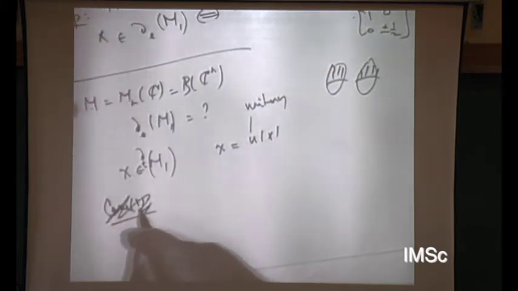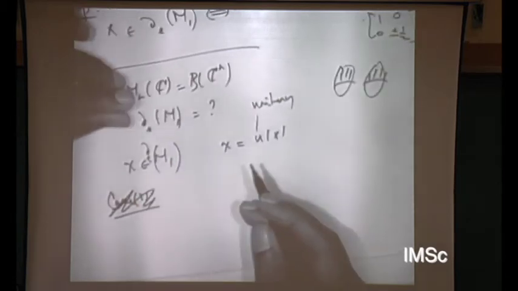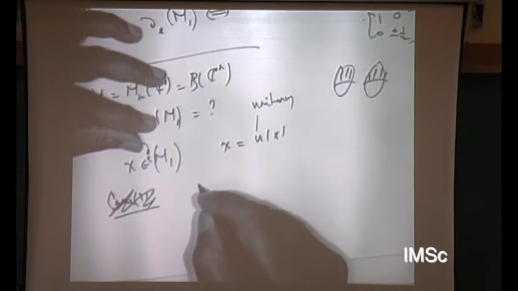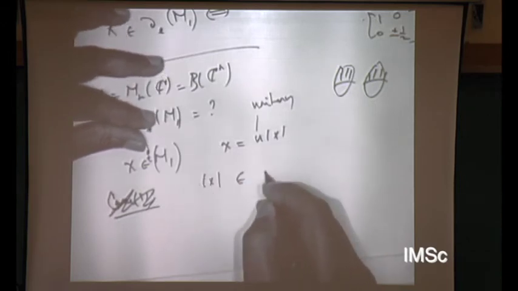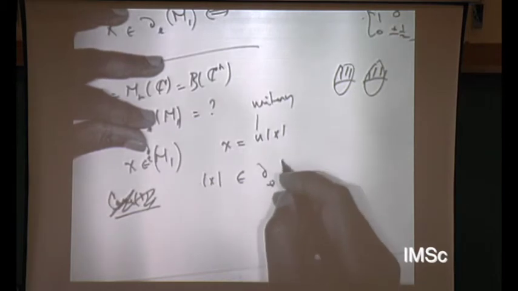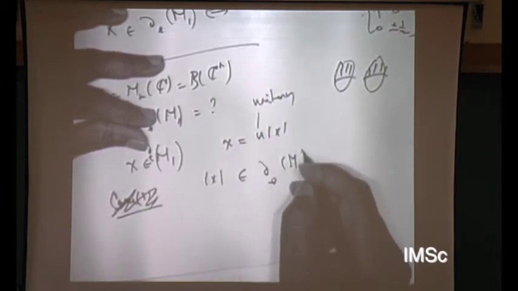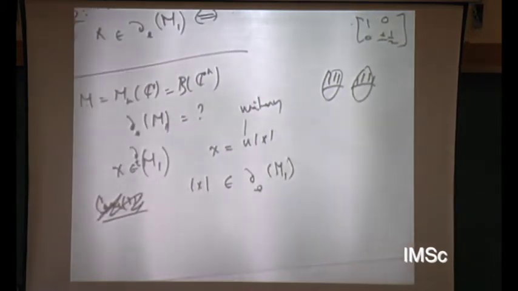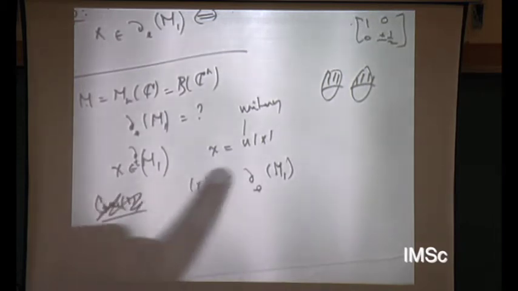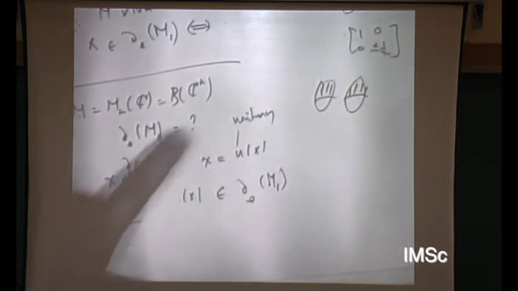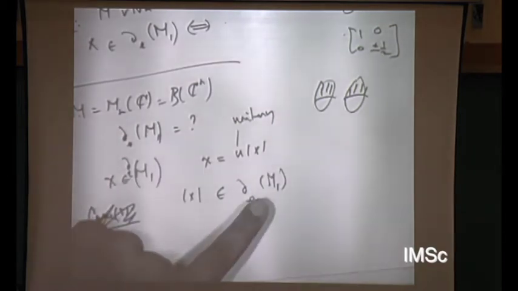So I claim that mod x must necessarily also be an extreme point of the unit ball. I want to say it is an extreme point. First, it has a polar decomposition with u unitary.